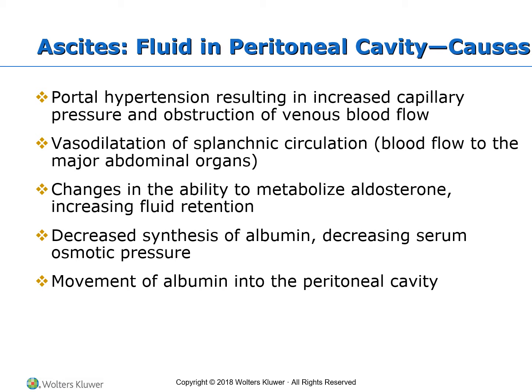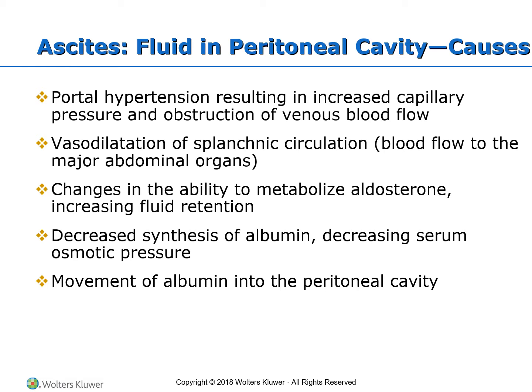As far as ascites goes, and that's the fluid in the peritoneal cavity, no one can really identify the actual pathophysiology of ascites, but they do have different ideas and different theories about it, and they're all mentioned in the slide below.